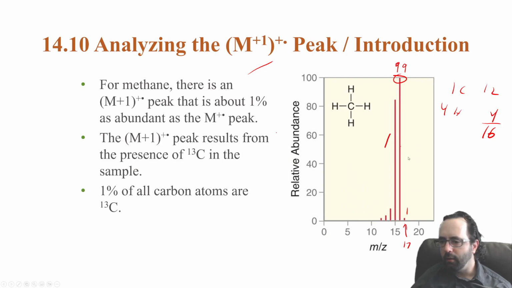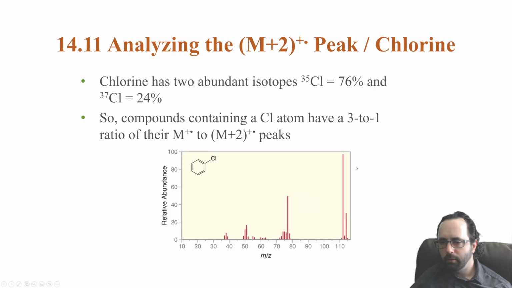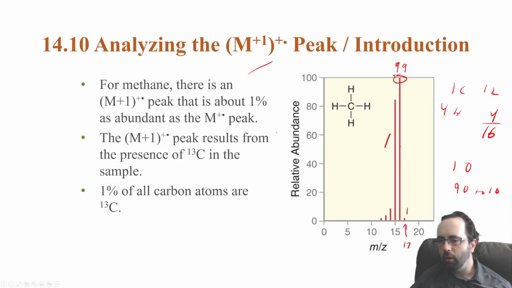So if we had 10 carbons, that ratio would go down to 90 to 10, and so forth. Every time you add an additional carbon, you add an additional chance to have a carbon-13. And so the ratio of the molecular ion and the molecular ion plus 1 can give you an indication of how many carbon atoms there are in the molecule.